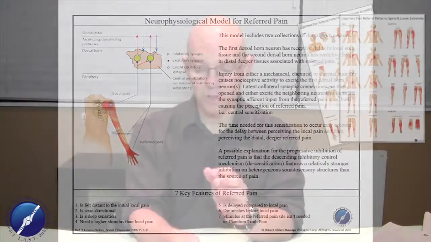So for example, if you were to try and stimulate the distal portion that your patient was experiencing referred pain in, it wouldn't elicit the referred pain, because that's not the area that is hypersensitizing those dorsal root ganglions.